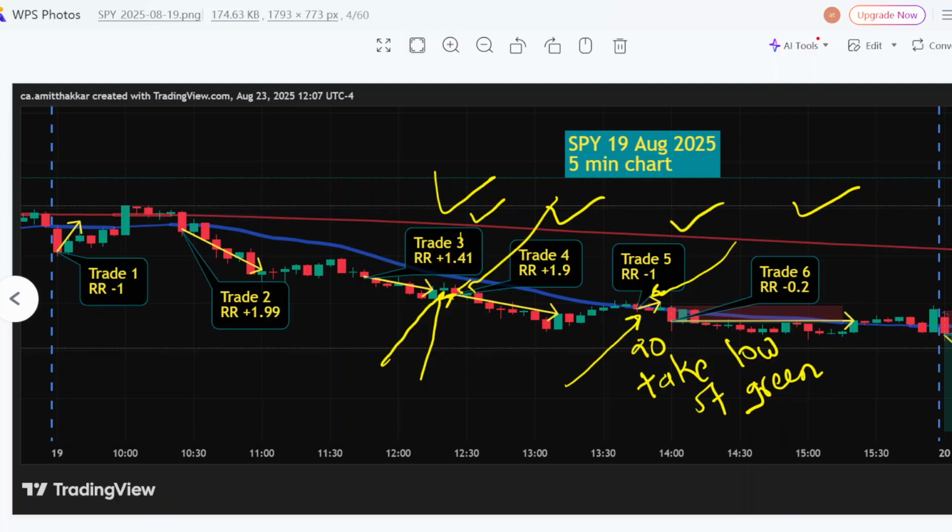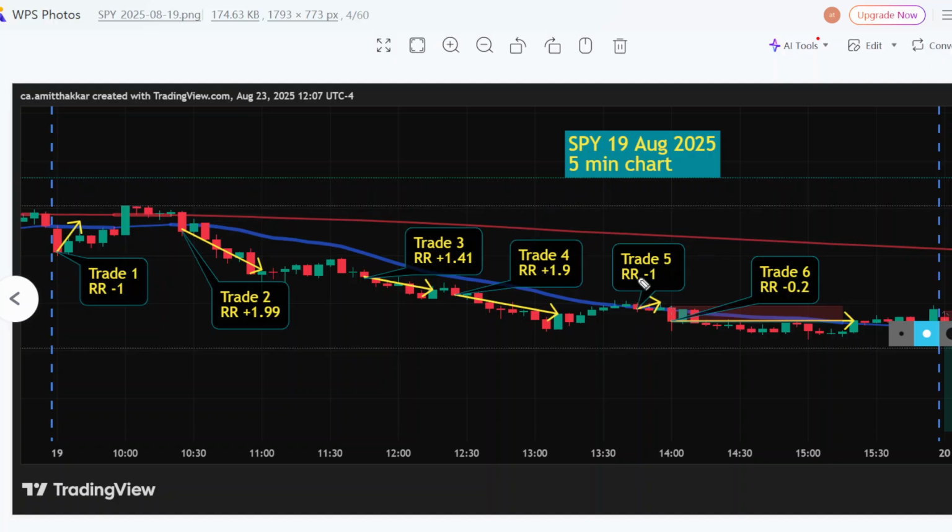So in trade number 3, 4, 5 we discussed. Trade number 6, similar situation. The market is near the 20. This green candle has been taken over, or say its low has been taken over, by this red candle.